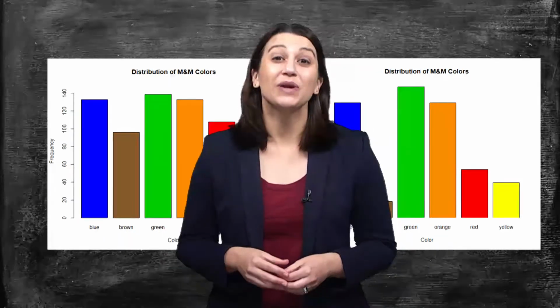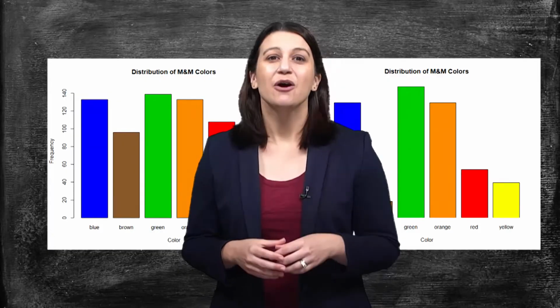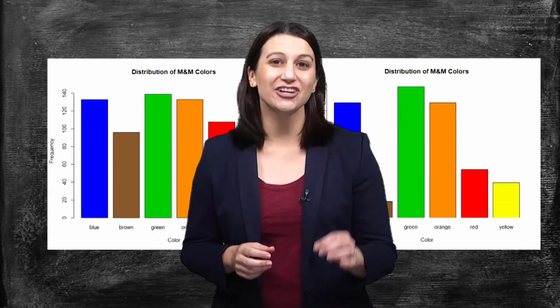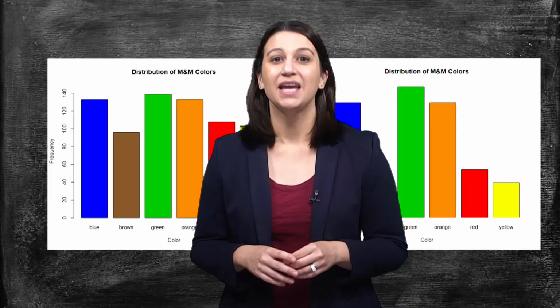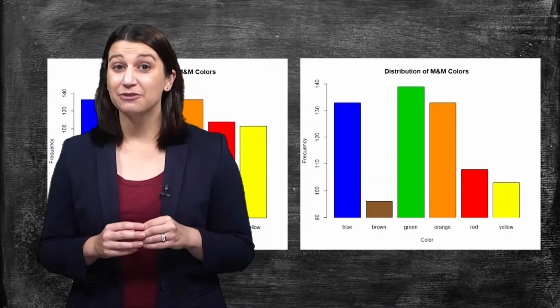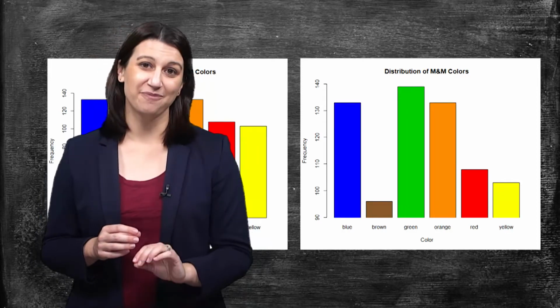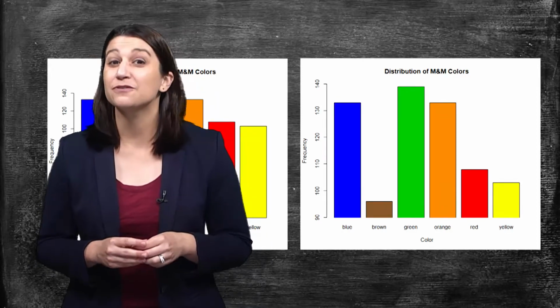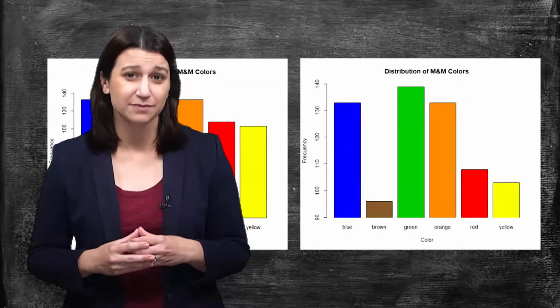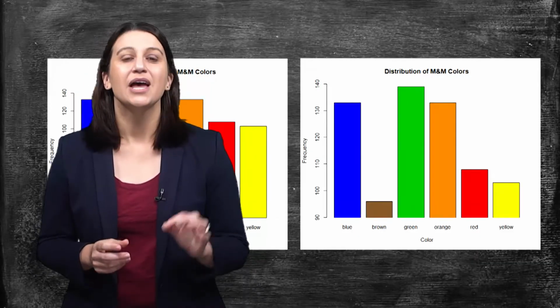To make sure we have proportional ink, we need to have a bar chart that starts at 0. In the chart on the right, I restricted the scale and started at 90 instead of 0. This is what accounts for the exaggerated differences between the colors. Always remember, when we make a bar chart, we want to start it at 0. Otherwise, we run the risk of misleading people with our chart.